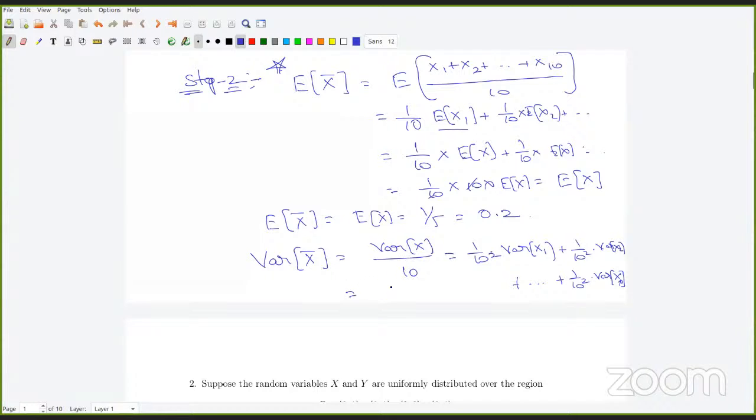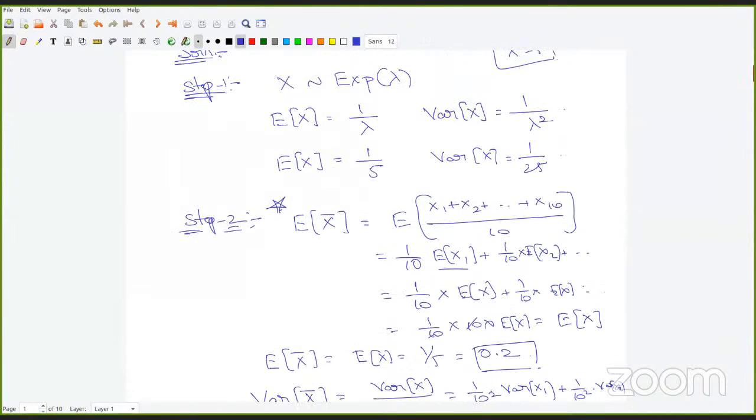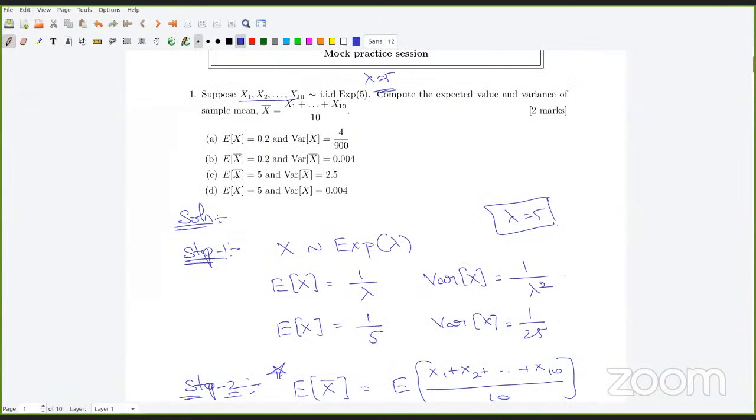Variance of x we know is 1 by 25, divided by 10, that is 1 by 250, which equals 0.004. This is how we solve this particular question. So the expectation of x bar is 0.2 and the variance of x bar is 0.004. So option B is correct.